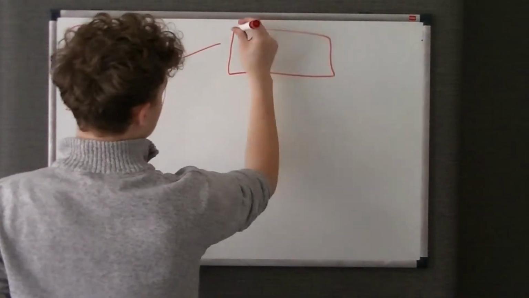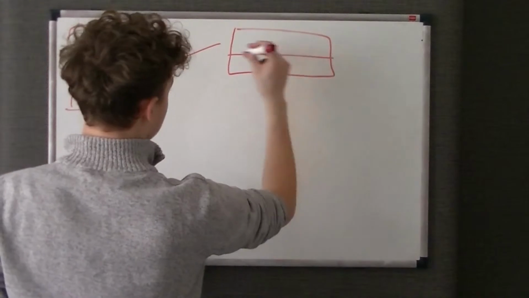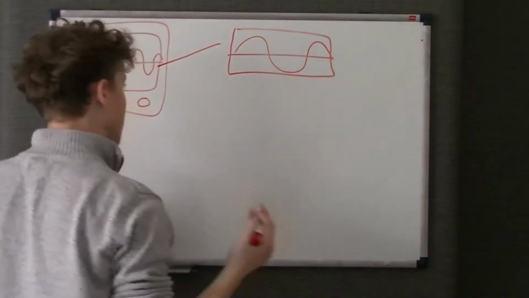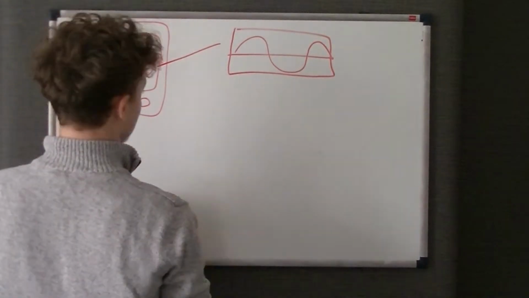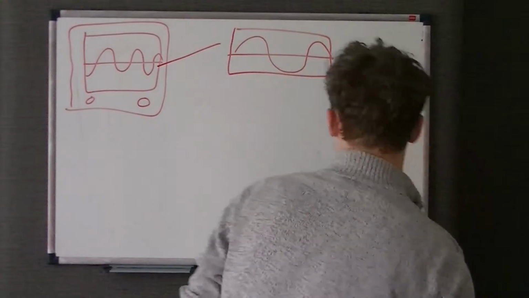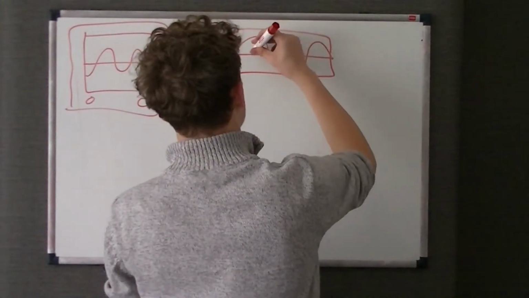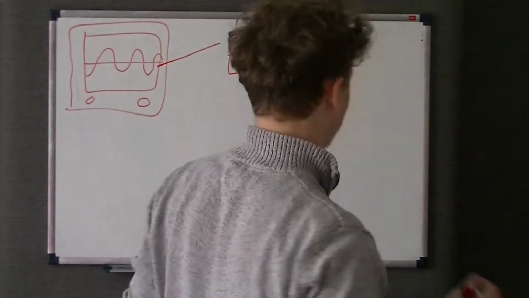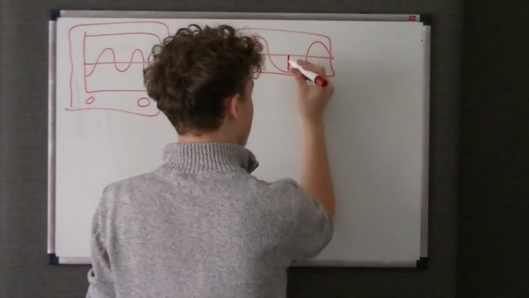So this is a screen, and you've got the line here, with the peak and trough. It's a bit like a wave, like the amplitude of a transverse wave.